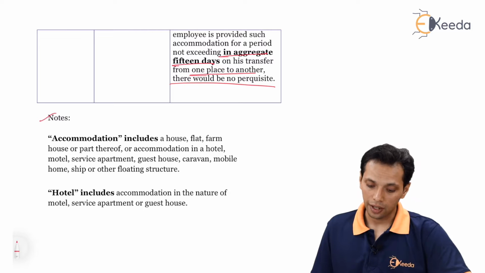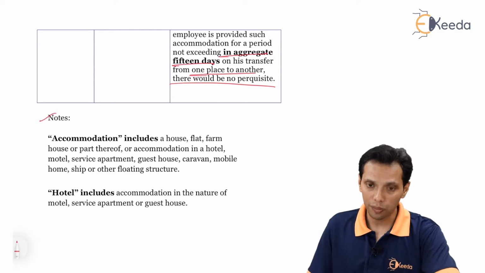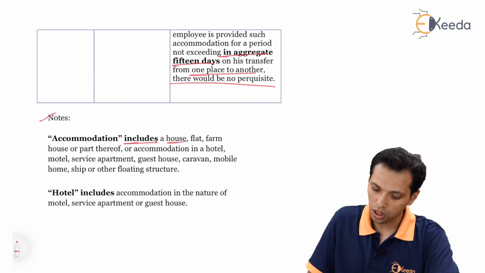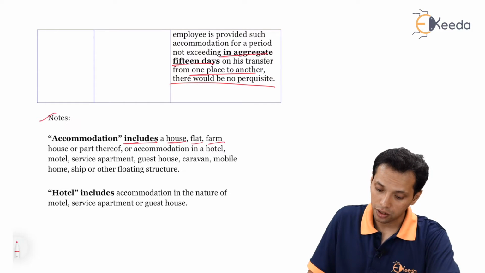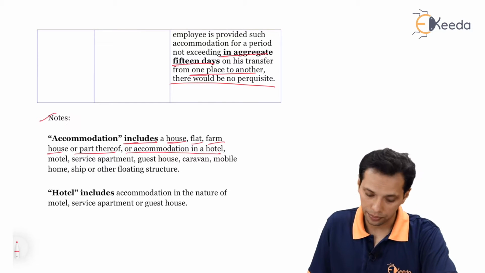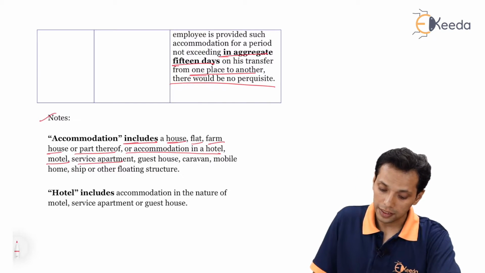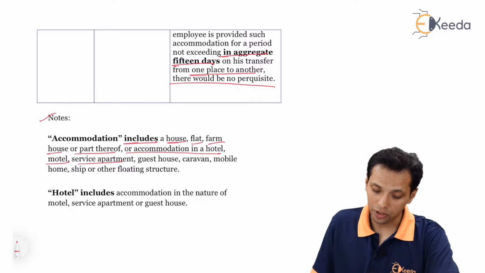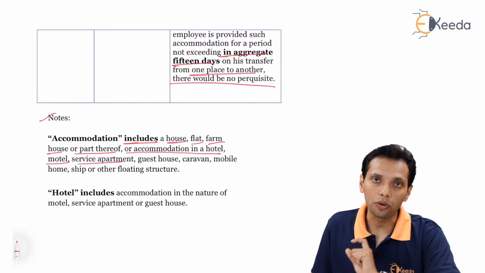Note section. Definition of accommodation. What do you mean by accommodation? Accommodation includes a house, flat, farmhouse, or part thereof, or accommodation in a hotel, motel, or service apartment, which is synonymous with hotel facilities.